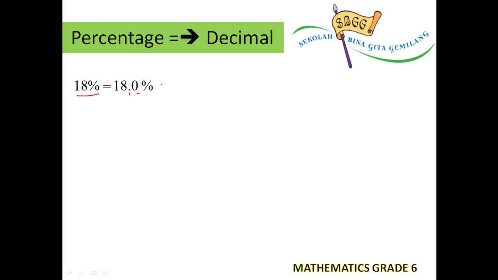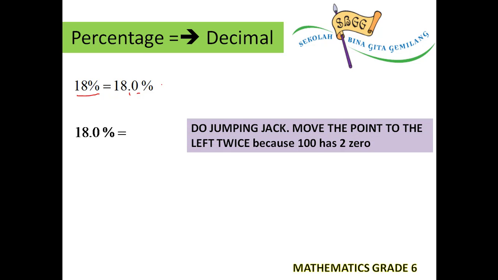After you write like this, what you must do is the jumping jack. It is like jumping. Because it is division, you must move or jump the point to the left.